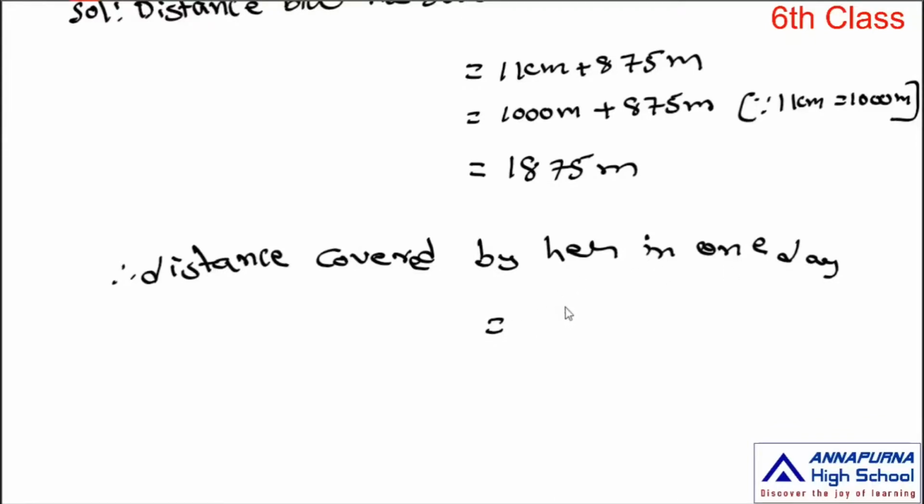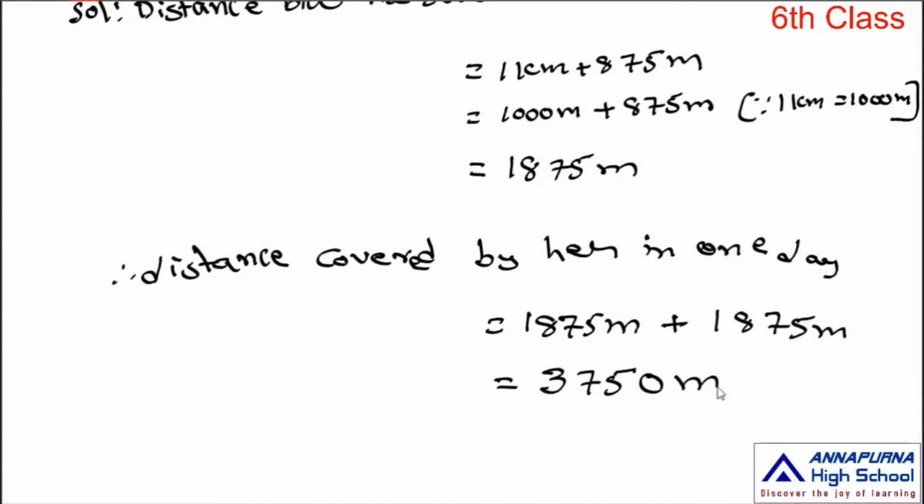How much distance is covered in one day? She walks from house to school, the distance is 1875 meters. School to house, same distance, 1875 meters. We add these two, we get 3750 meters. This is the distance covered by her in one day.